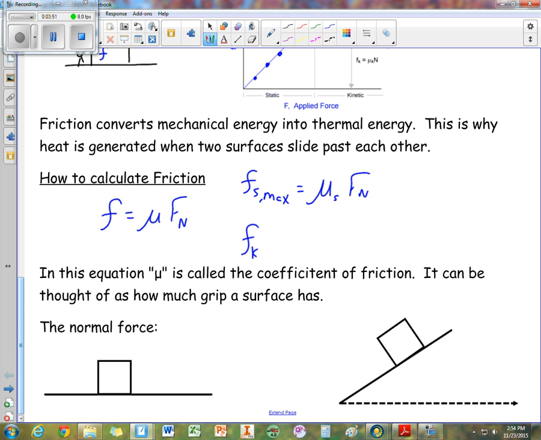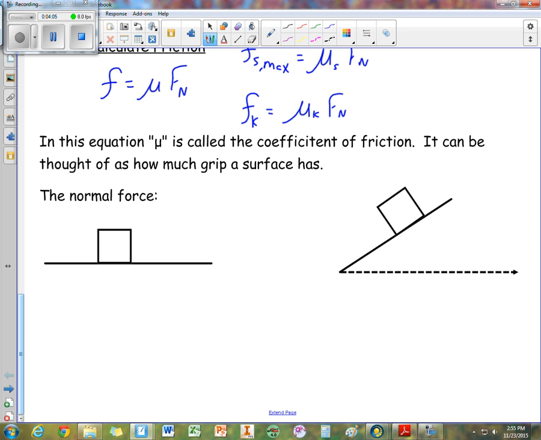And for kinetic, we get the kinetic coefficient of friction times the normal force. The mu, this letter mu, we can think of it as how much grip the surface has, how sticky it is.